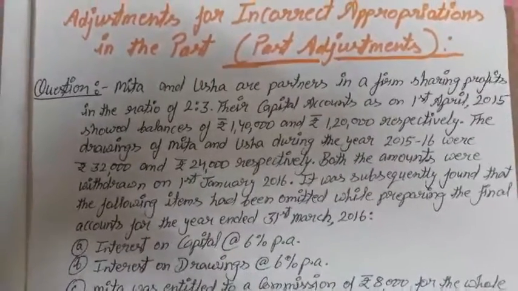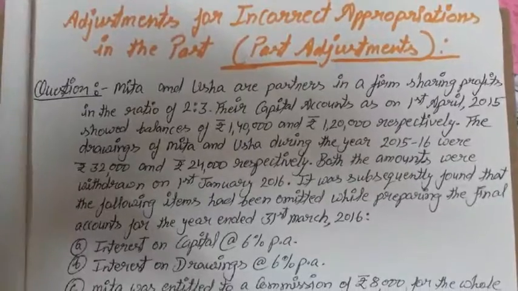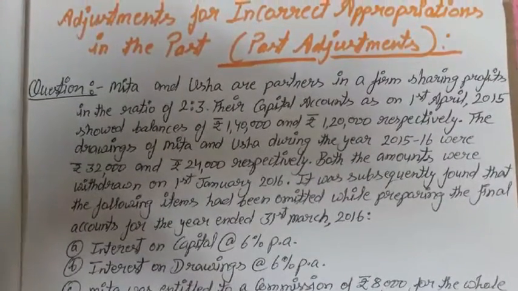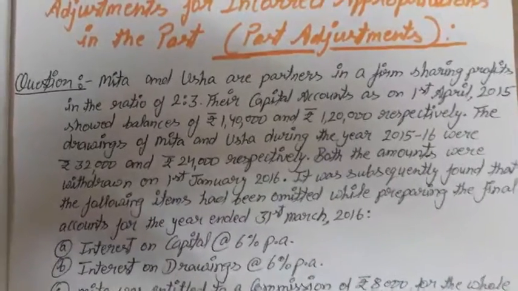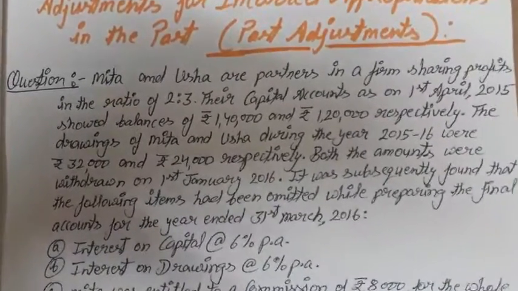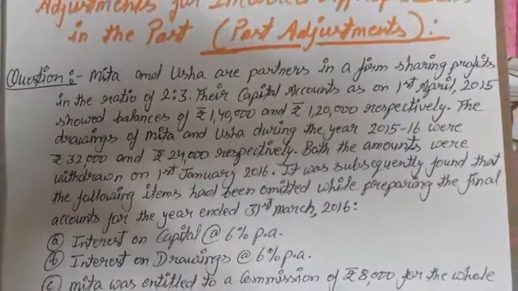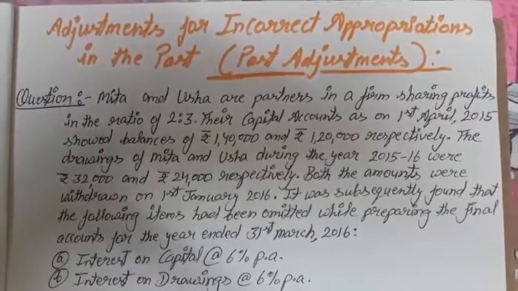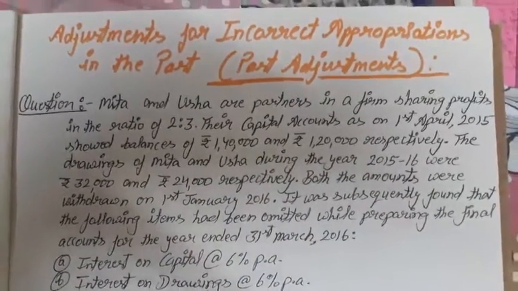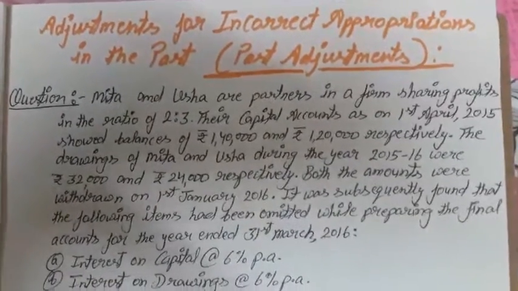So in that situation, sometimes the partnership firm forgets to give partners salary, partners commission, or interest on capital and interest on drawings. That type of transaction can be forgotten by the firm to allow to the partners.